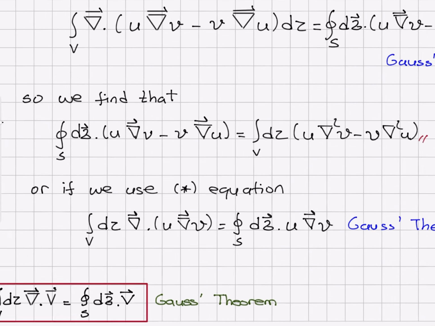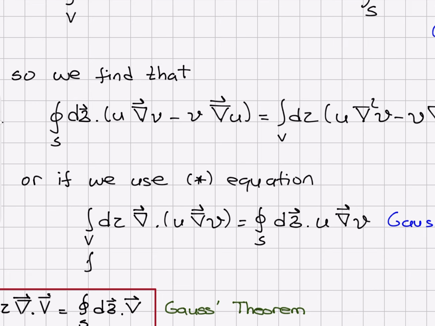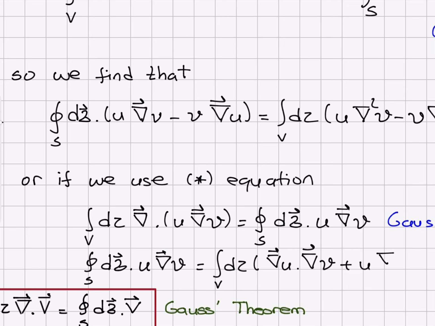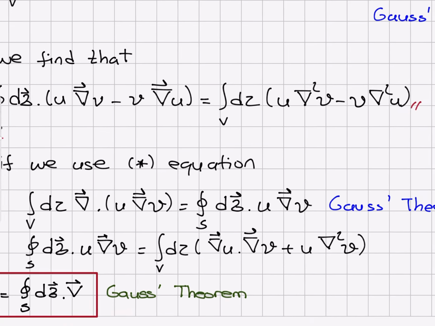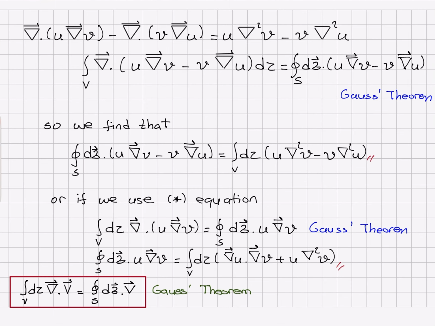So I can say that this closed surface integral d sigma dot product u gradient of v is equal to the volume integral d tau, because the divergence of u gradient of v is gradient of u dot product with gradient of v plus u Laplacian, del square v. This is the second form of Green's theorem.